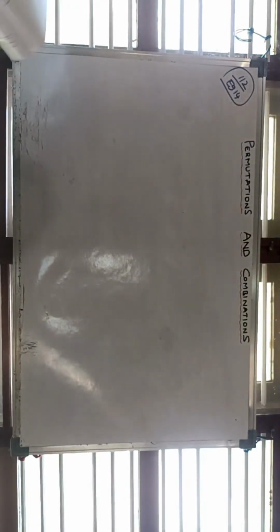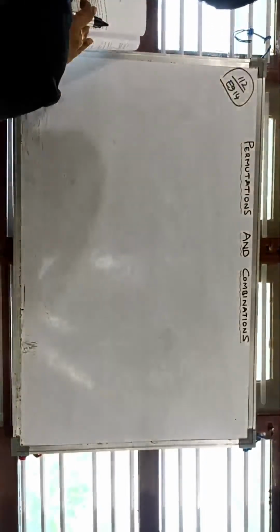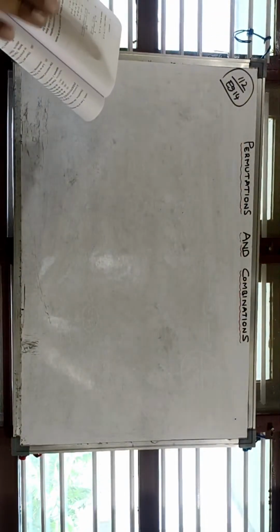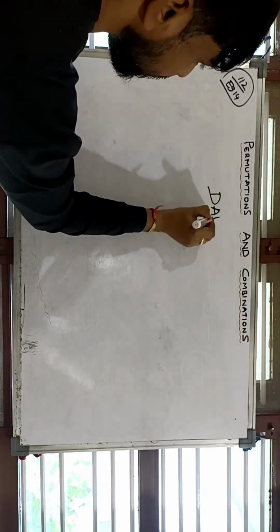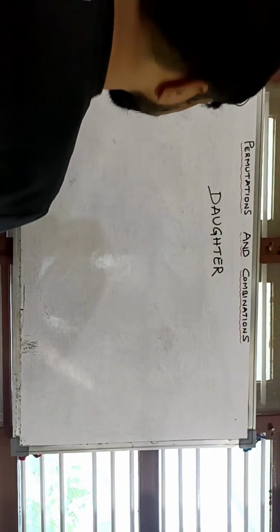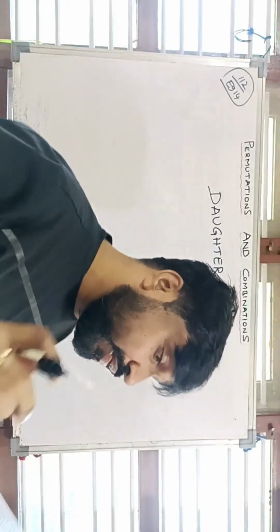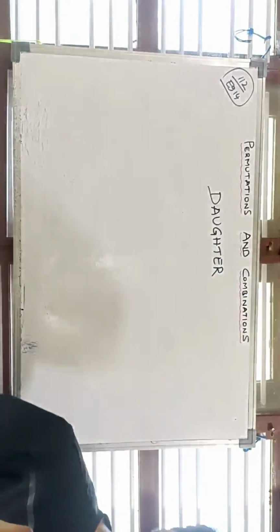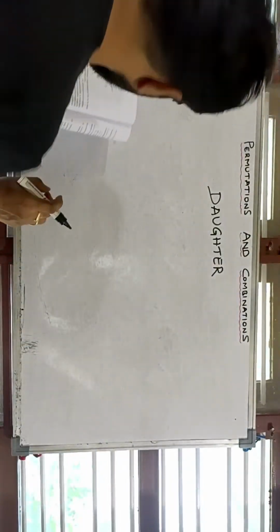So vowels occur together means what? For example, in the question, find the number of different 8-letter arrangements they're asking. So this is the word DAUGHTER. They're asking to find the number of different 8-letter arrangements that can be made from the letters of the word daughter so that all vowels occur together.